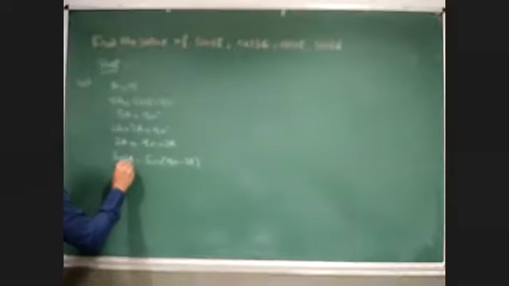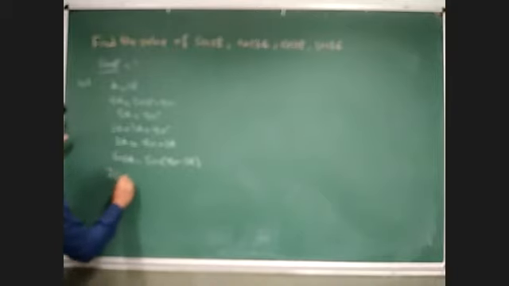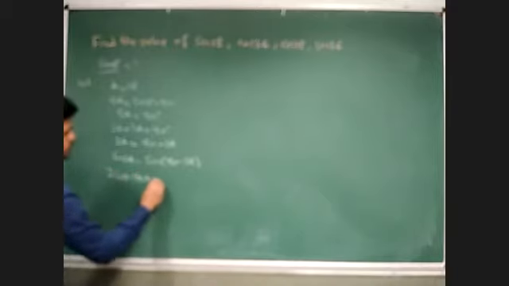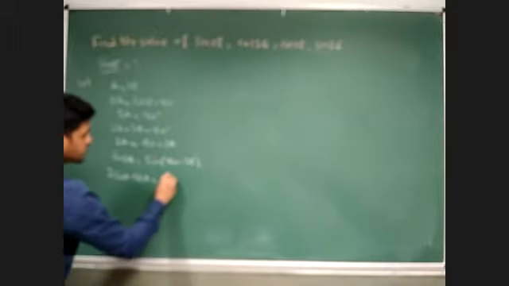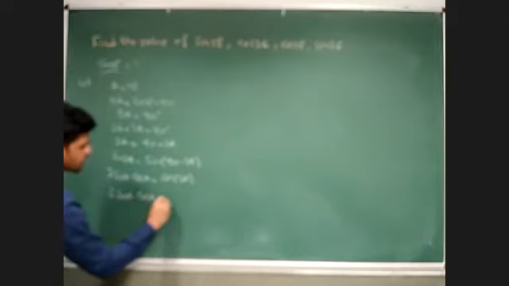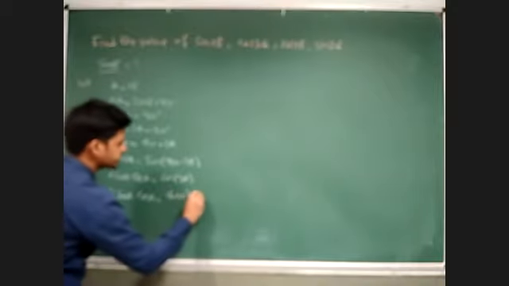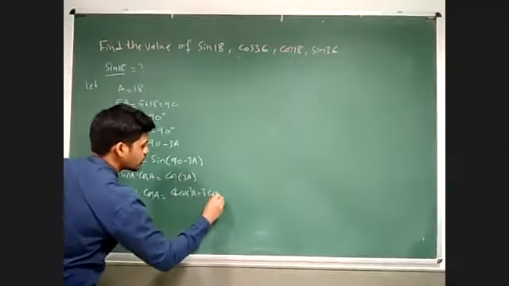Sin 2A is 2 sin A cos A, and this will be cos 3A. The cos 3A formula is 4 cos cube A minus 3 cos A.